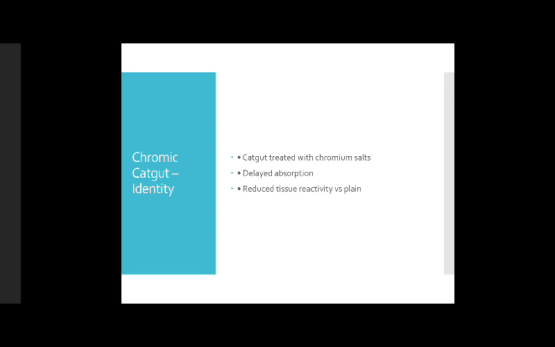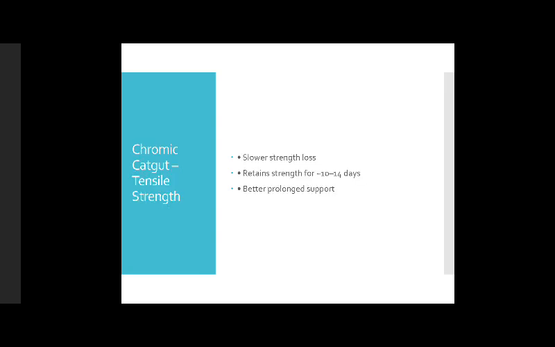It is catgut treated with chromium salts, with delayed absorption and reduced tissue reactivity versus plain catgut. This is the identity of chromic catgut.